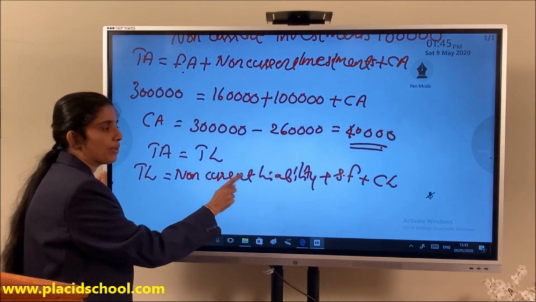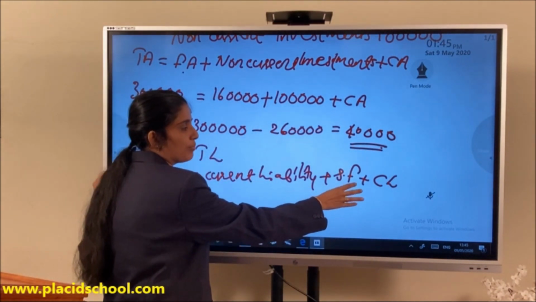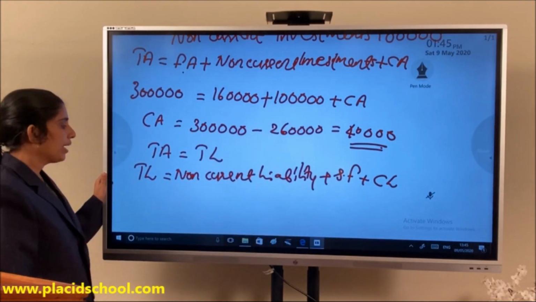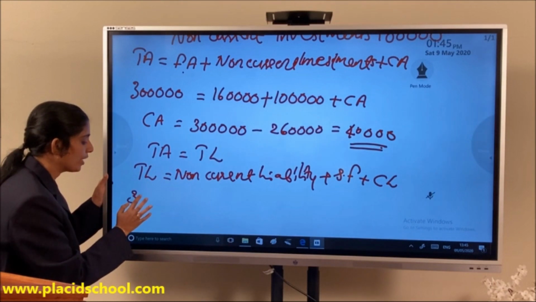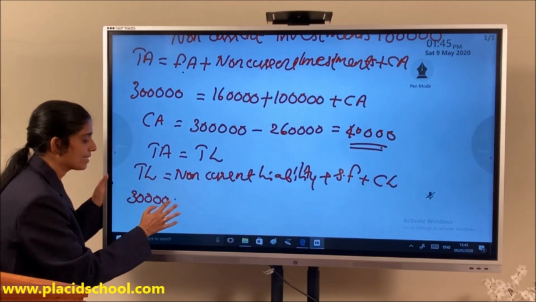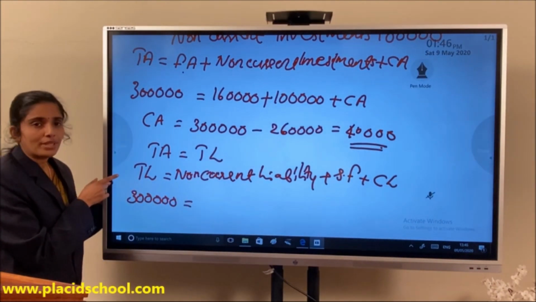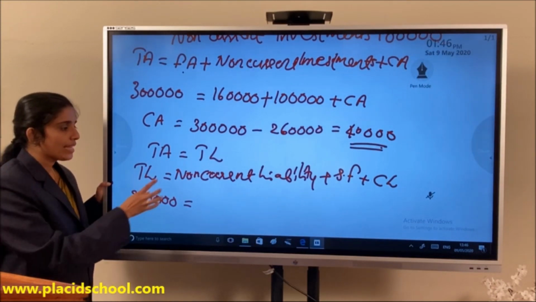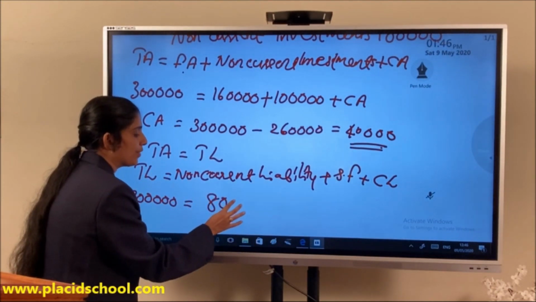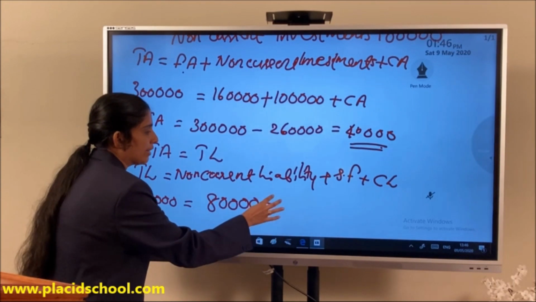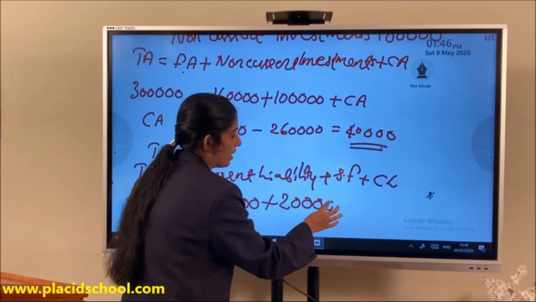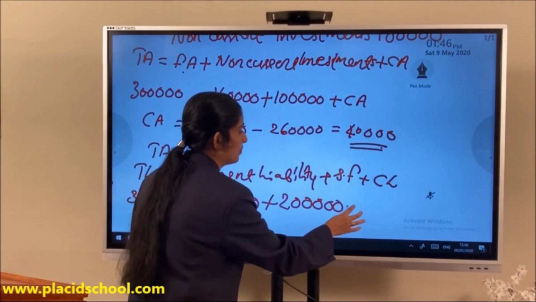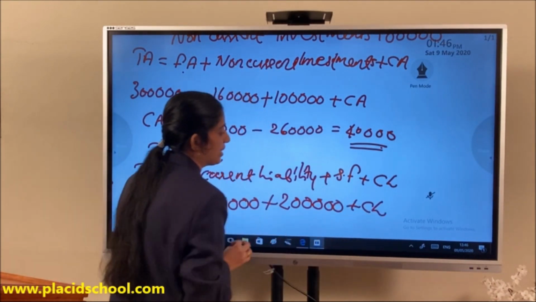The total liabilities value is 3 lakhs, non-current liability is 80,000, shareholders' fund is 2 lakhs, plus current liability.